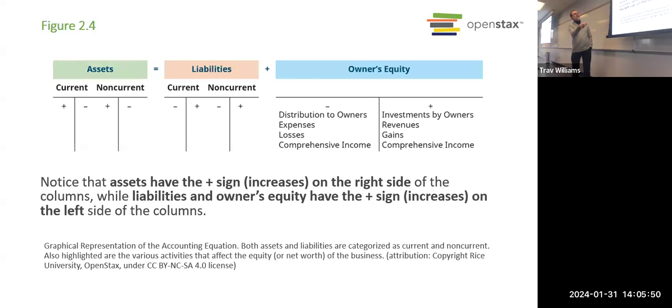They're saying that these items here decrease equity and these items increase equity. Okay, but distributions or dividends, expenses, assets, and losses are DEAL. And those are the ones where you would record them on the left or debit side when they go up. Okay.